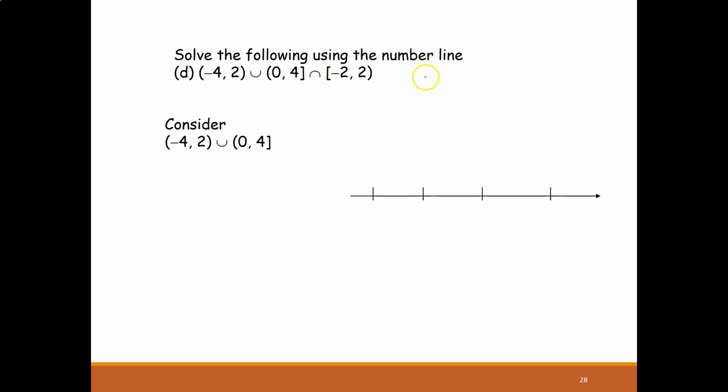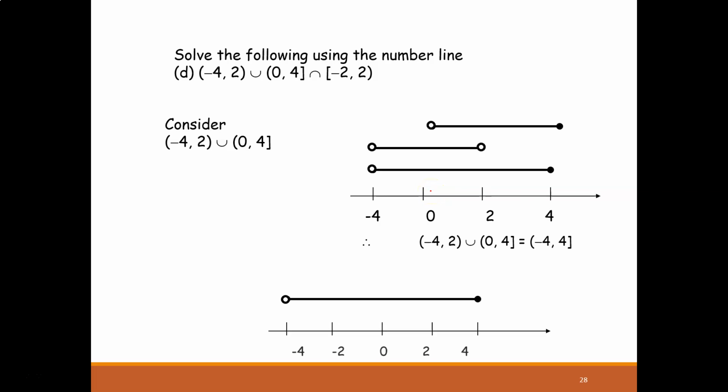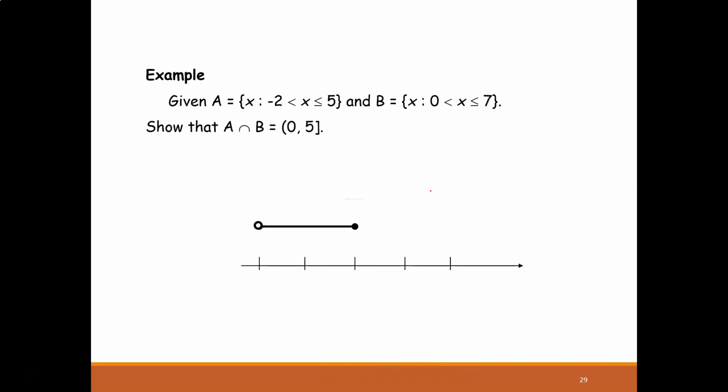Solve the following using the number line. Okay, you have this one. You just have to draw this set of numbers in your number line. And then you're going to find where the union and where the intersection are. Okay. This is quite easy. I'm not going to explain everything.